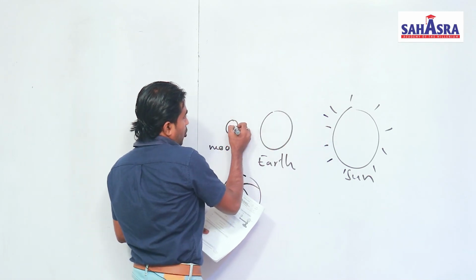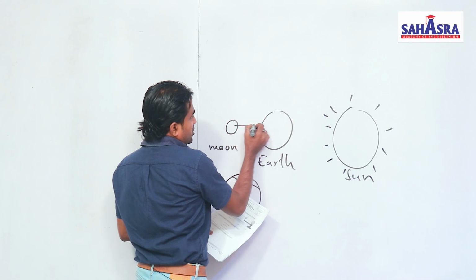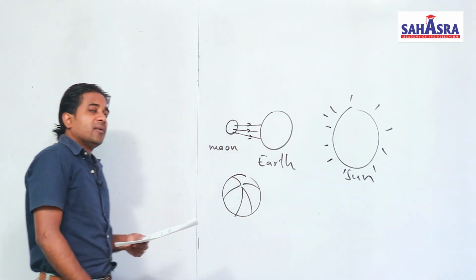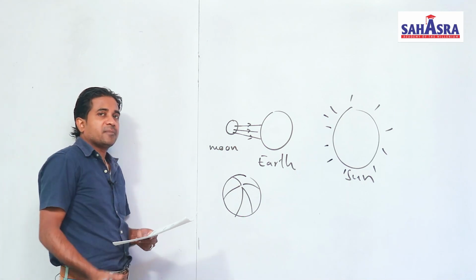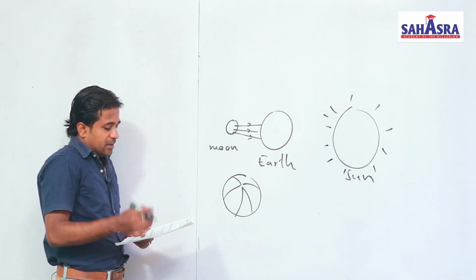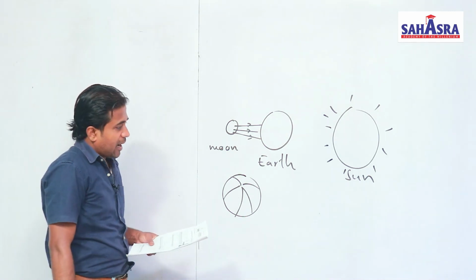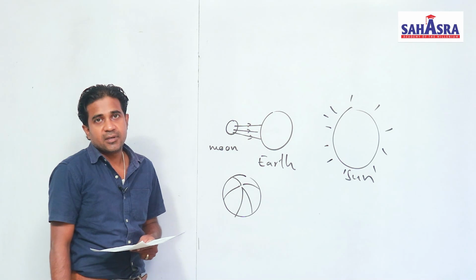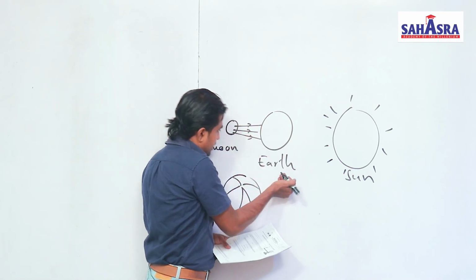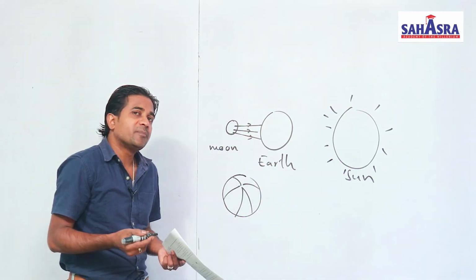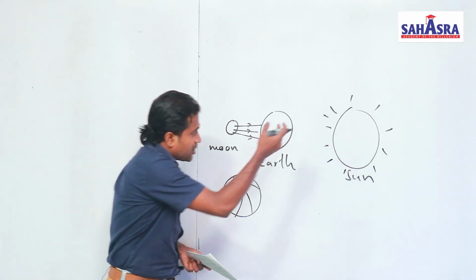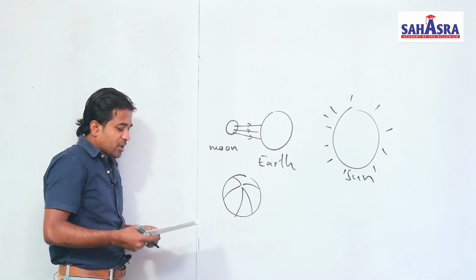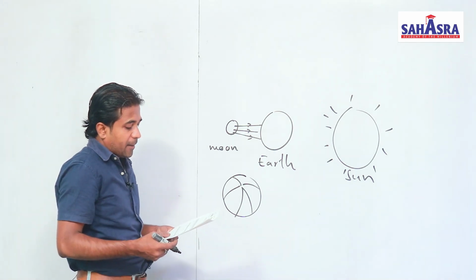When the moon reflects the sun's light towards the earth, we also see the moon as a bright object. But the answer here should actually be the sun, because it is the real source of light. Earth or the moon both do not produce their own light. It's actually the sun that produces the light. So the sun is the source of light here.